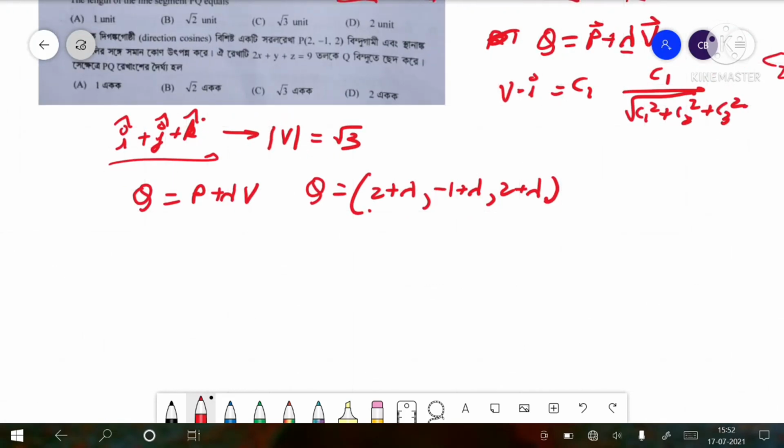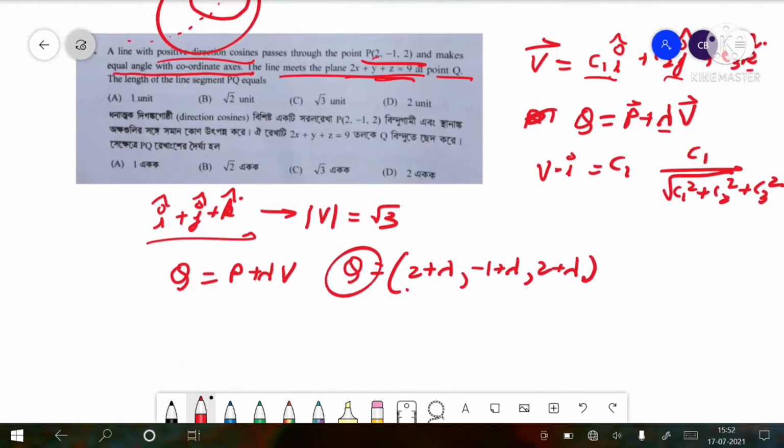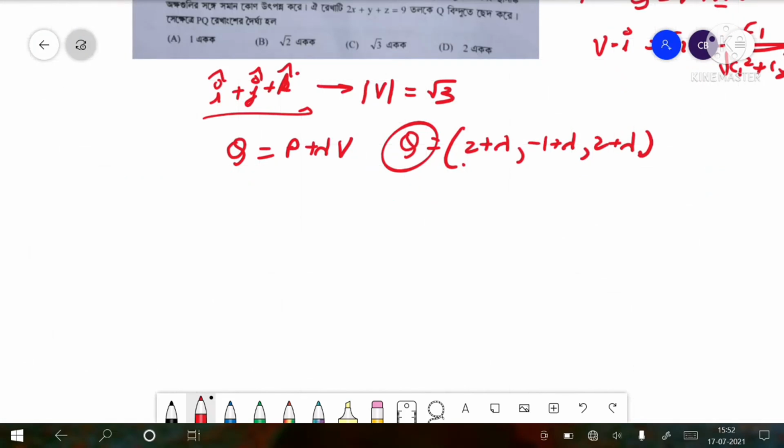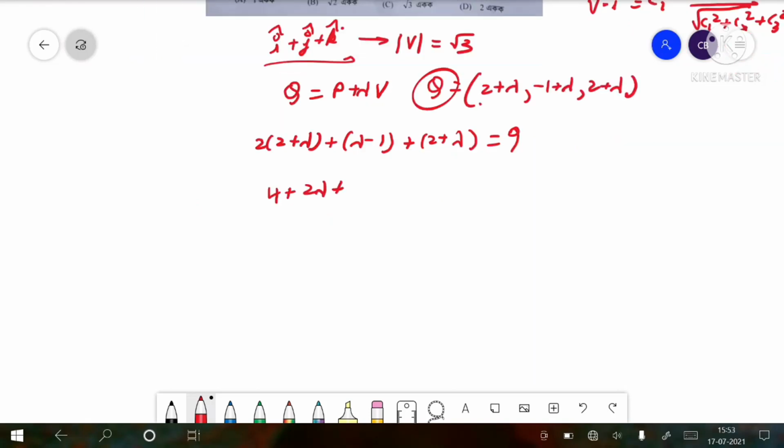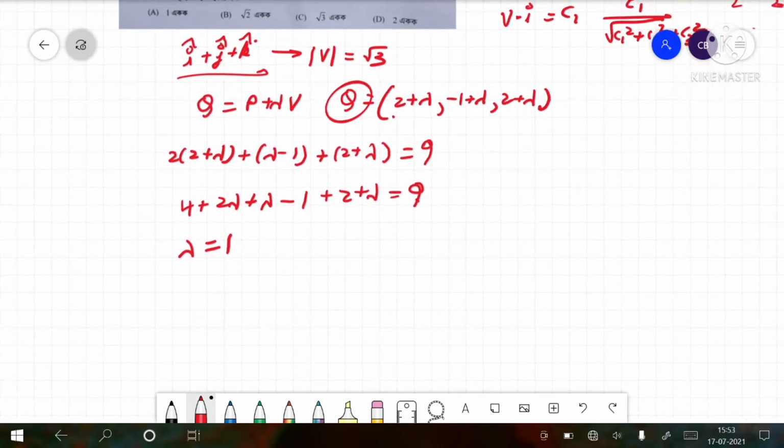Now from this we can say that this Q satisfies this plane. Therefore putting the values in that plane, we get 2 into 2 plus lambda, minus 1 plus lambda, plus 2 plus lambda is equal to 9. Solving this we get lambda is equal to 1.